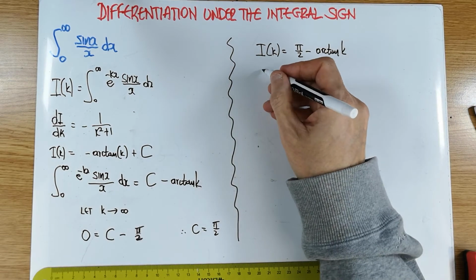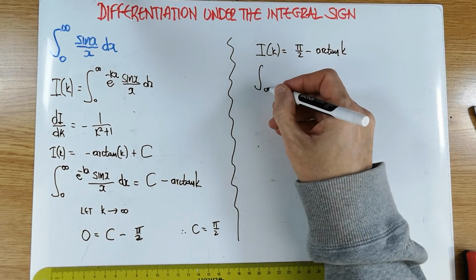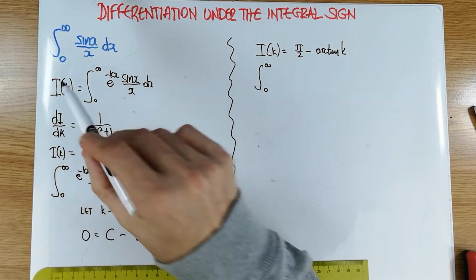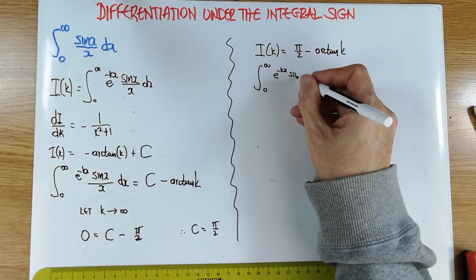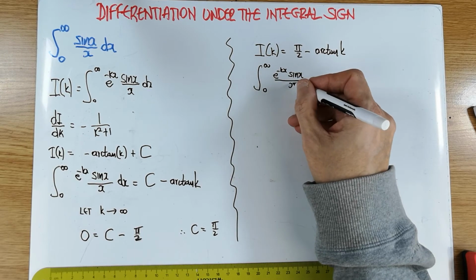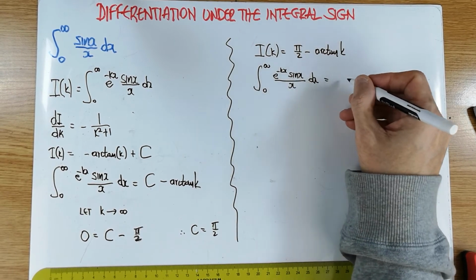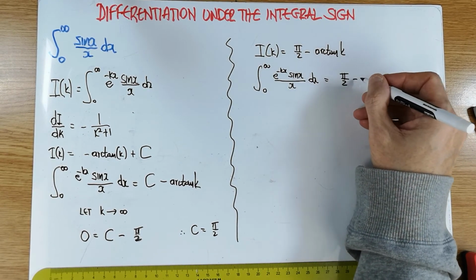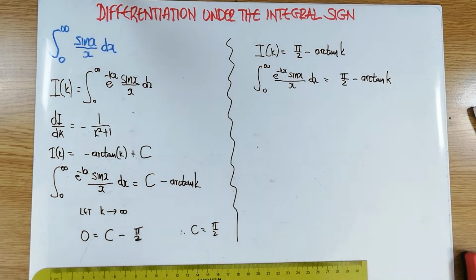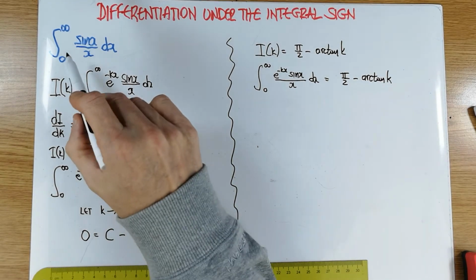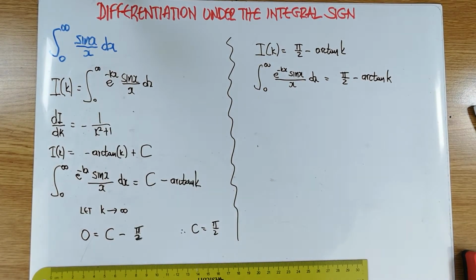So in other words, the integral from 0 to infinity, because that's of course my I of k, of e to the minus kx sine of x over x dx is in fact pi over 2 minus the arctan of k.